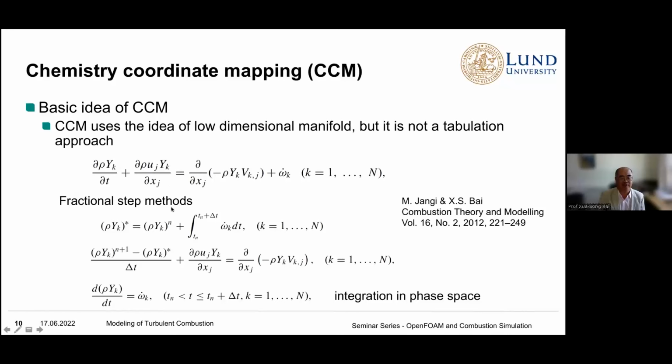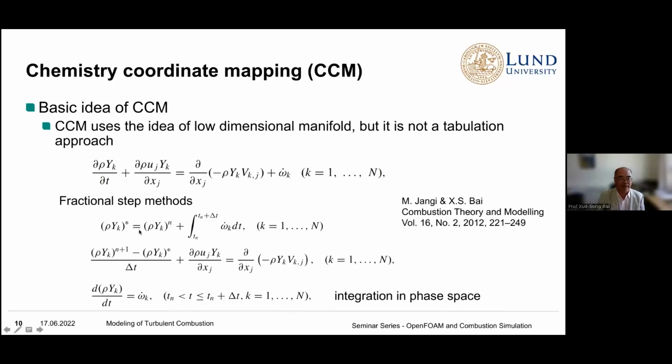Using a fractional step method, the reaction rate term is integrated within a flow time step using very fine time steps. Because of the many reactions, which have species with a short lag time, the reaction rate is like a spike in time, a delta function. So one needs to use really fine time steps to integrate chemistry.